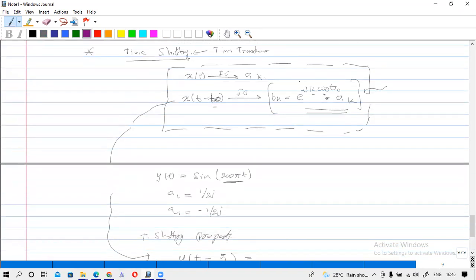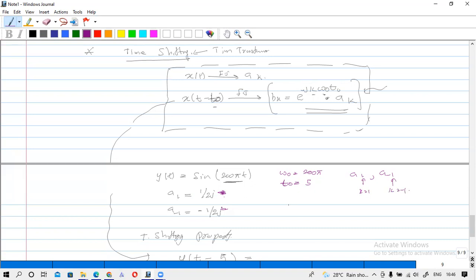I will use this one. I will write it again here: omega naught is equal to 205, and t0 is equal to 5, the shifted time. We already have the coefficients for y(t), a1 and a minus 1, where k is 1 and k is minus 1.